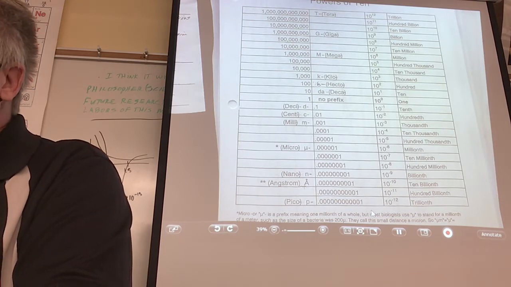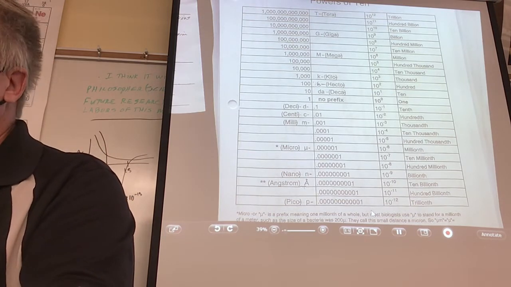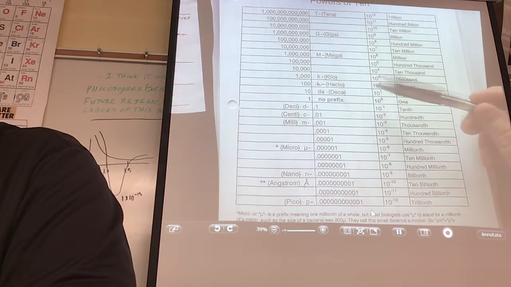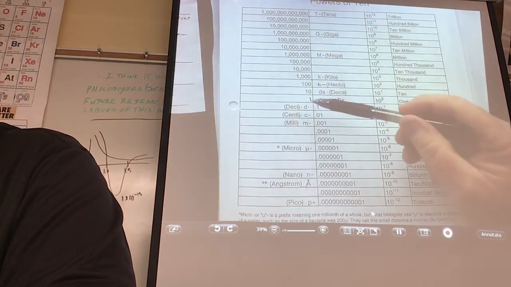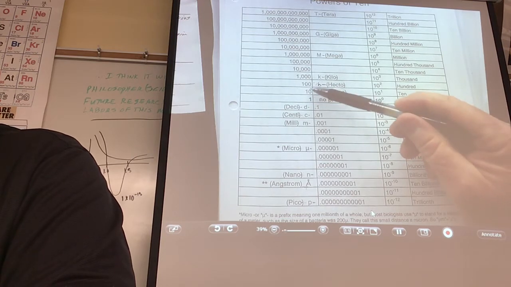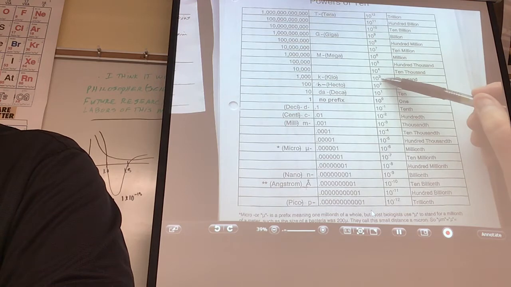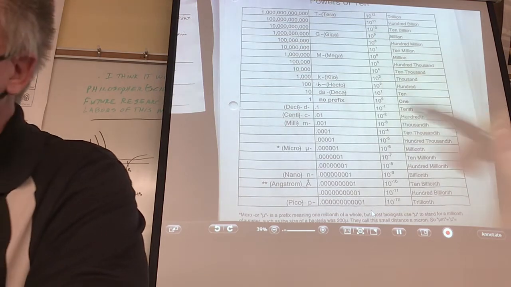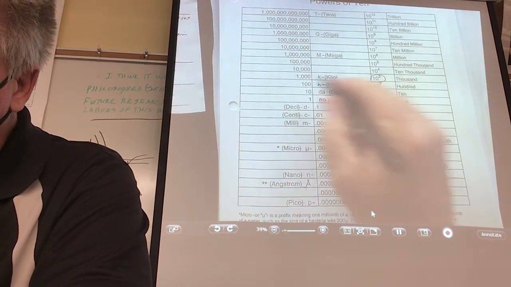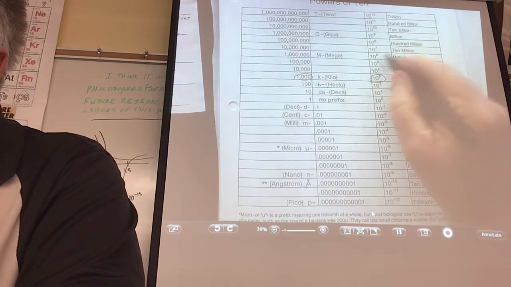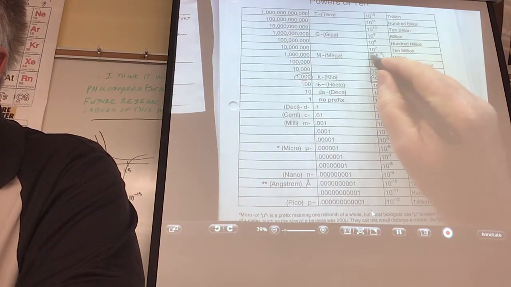Now, what are some of the other patterns here? Notice that for a number that is 1 or higher, this has 3 zeros, and it's also known as what? 1,000 is known as what? 10 to the 3rd. And a million must be 10 to the what?